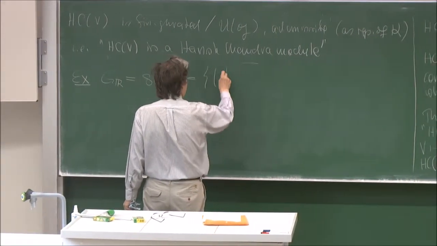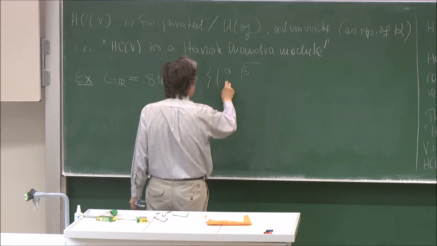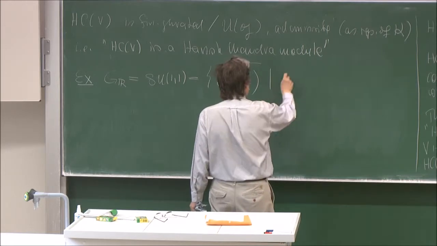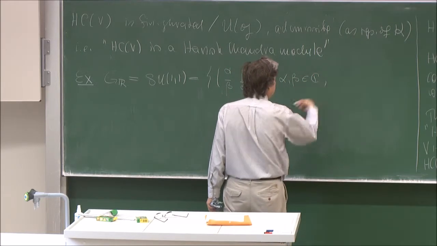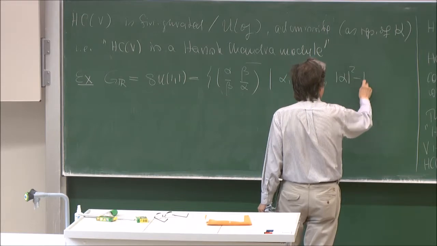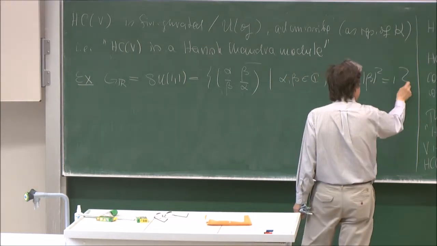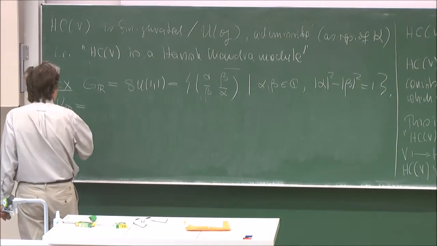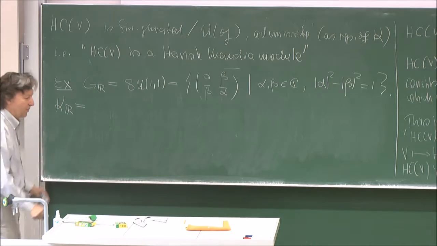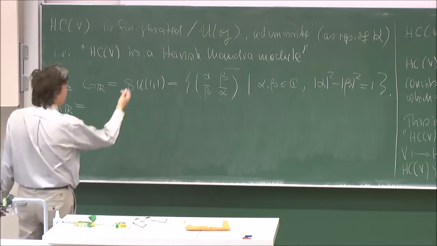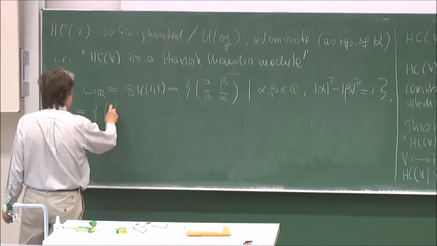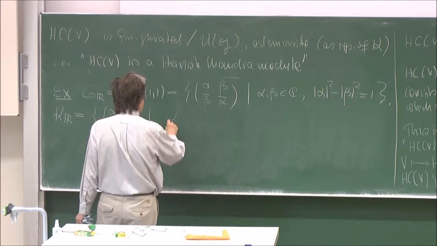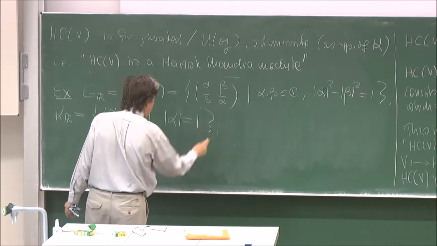Explicitly this means that one looks at all matrices (alpha, beta; beta bar, alpha bar), with alpha, beta complex numbers, such that the determinant is 1. And K_R, what is K_R? Again, K_R is determined only up to conjugacy, but the obvious choice would be the diagonal matrices of this form: (alpha, 0; 0, alpha inverse) with alpha complex and absolute value of alpha equal to 1.